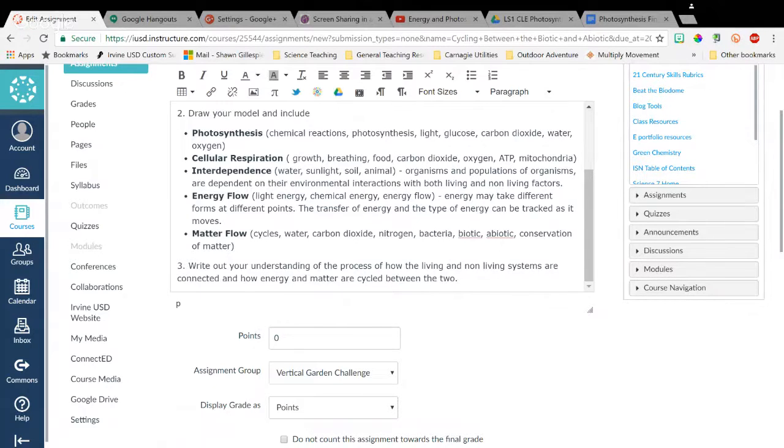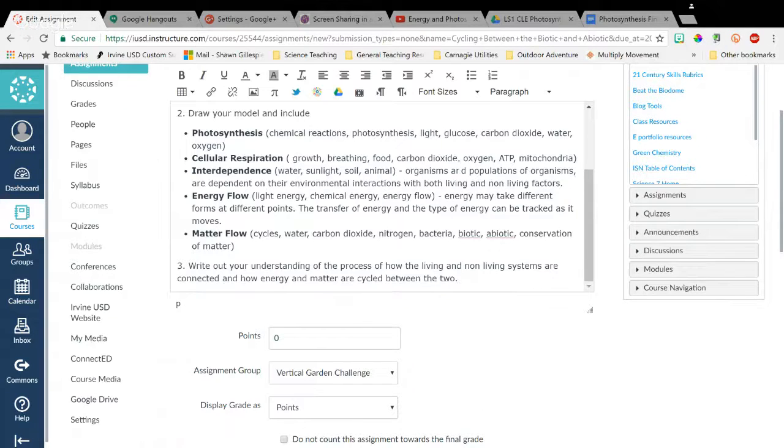So you'll see that I have the keywords for photosynthesis, for cellular respiration, this idea of interdependence, energy flow, and matter flow. Those keywords are things that you should use for labeling, for expressing what should be in the model, things that you should know about. All right. Am I going to look for absolutely every single one of those words? Not necessarily, but I am going to be looking for a majority of those words, and those are things that are going to key you in to what you should be talking about and expressing in your model.